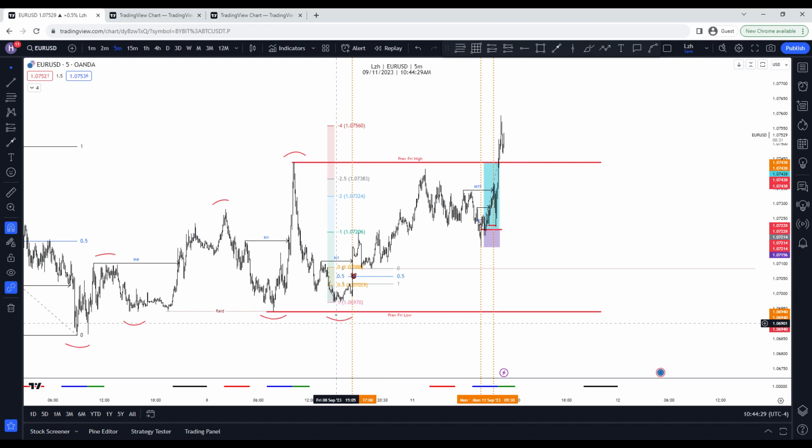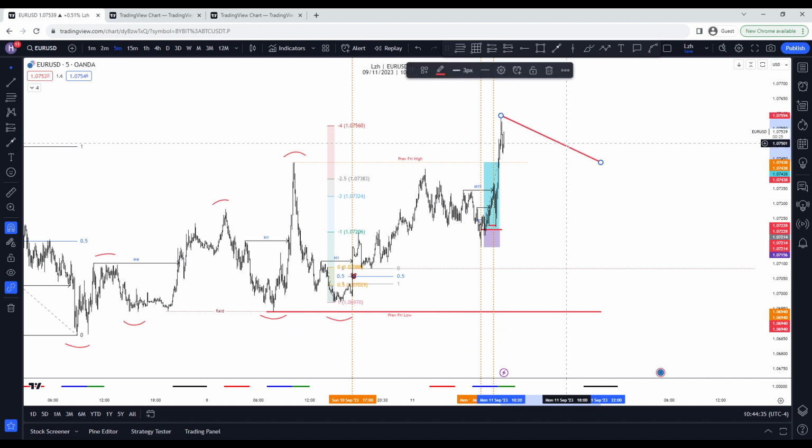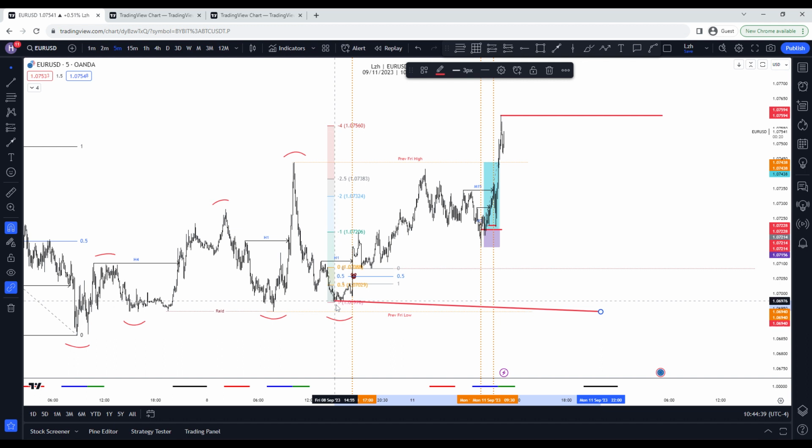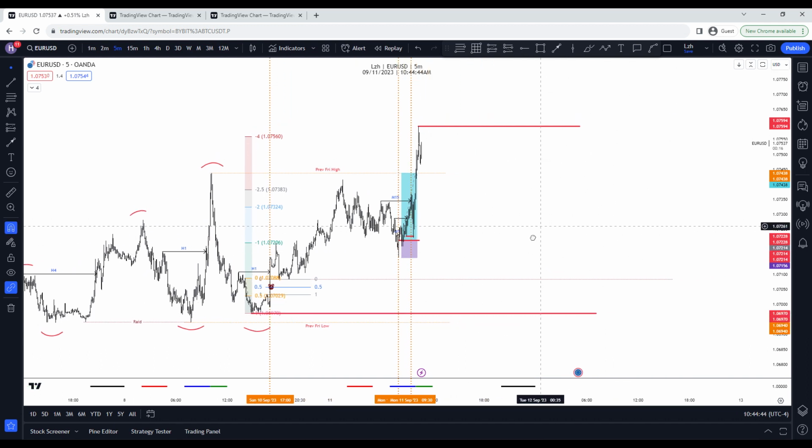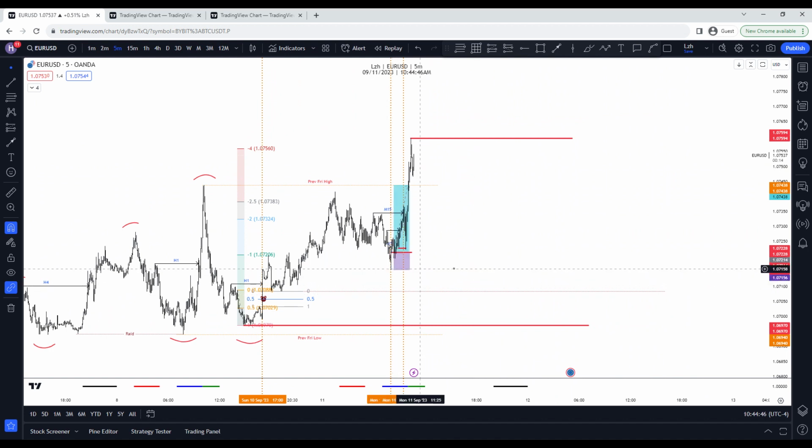I would see this as the new low, because this was the new low that formed the new high. So price can still come back down and take out all this low here, but if we don't get a displacement to the downside, we get a raid followed by a lower time frame confirmation, we can look for a long again, and the draw on liquidity is this range high.